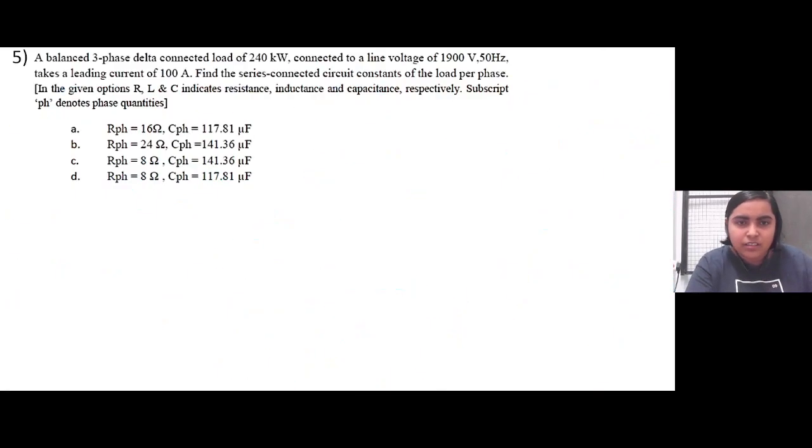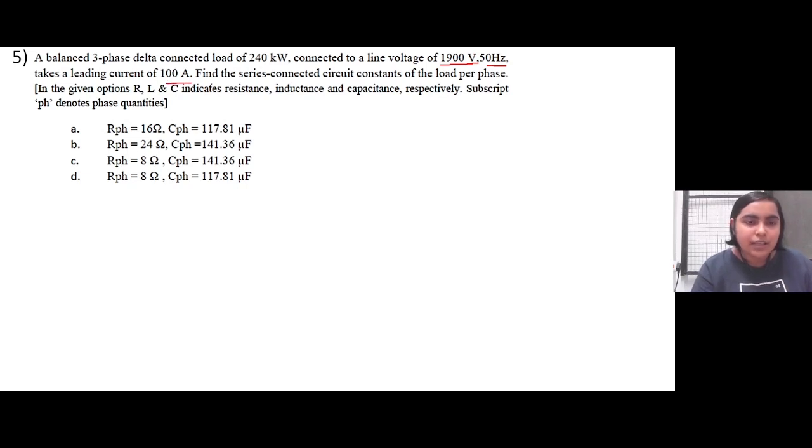Anyway, for the fifth question, we have a delta connected load with a total power of 240 kilowatt at a line voltage of 1900 volt, frequency 50 hertz, taking a leading current of 100 ampere.